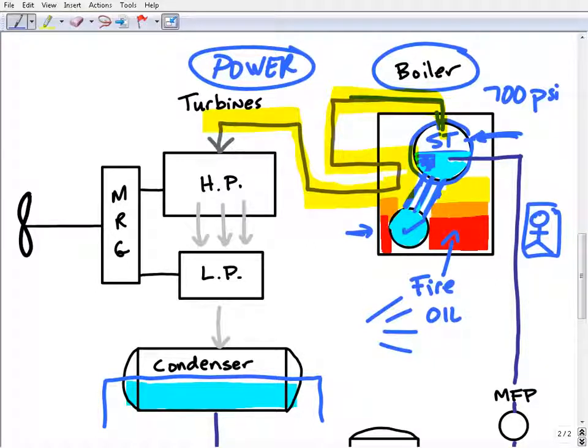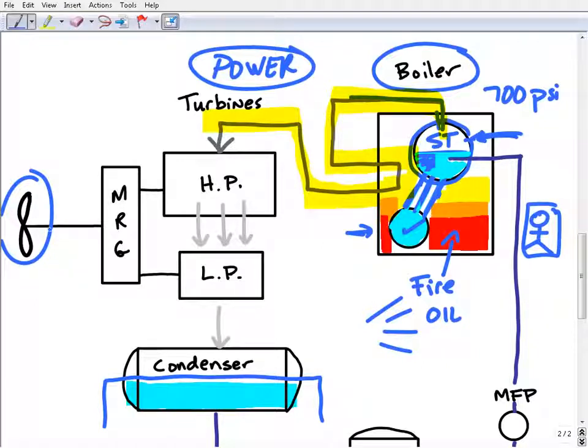Now remember, I'm talking about a basic steam cycle on board ships, but this would be applicable to even a power plant on land. The whole end game here is to turn a shaft. Here's my shaft, and that's my little representation of a propeller pushing a ship through the ocean.